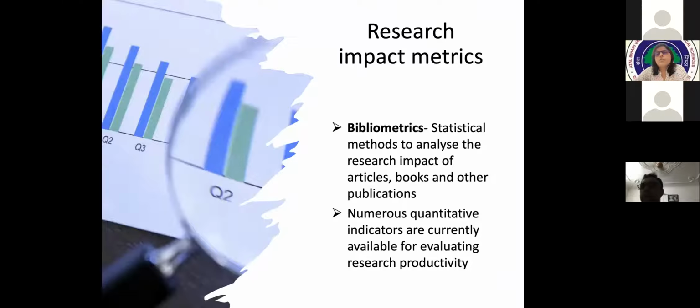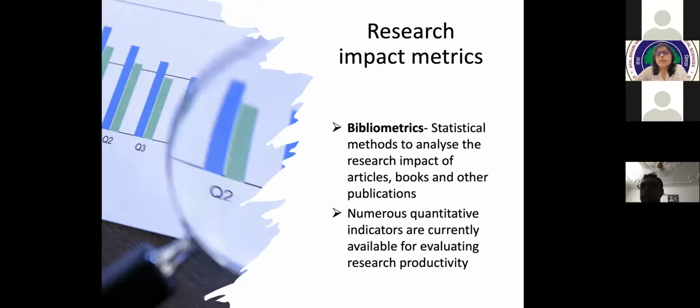Now coming to the most important topic of today's discussion, the research impact metrics. Before that, we should know what bibliometrics is. Basically, bibliometrics is a statistical method to analyze the research impact of articles, books, and other publications.